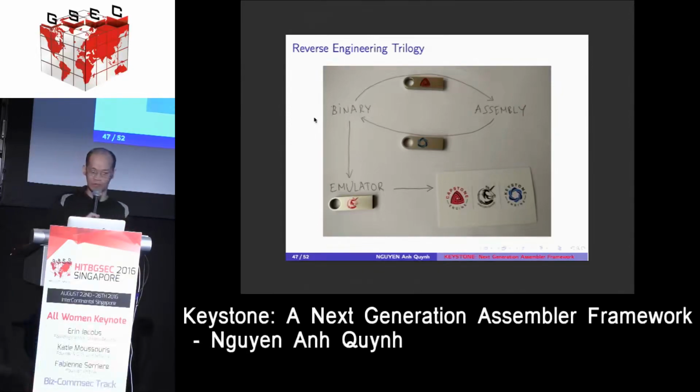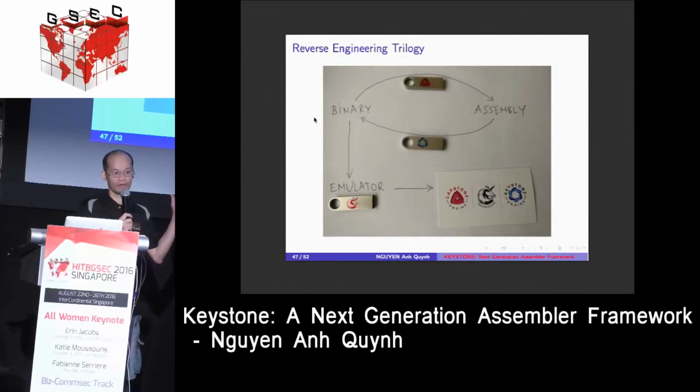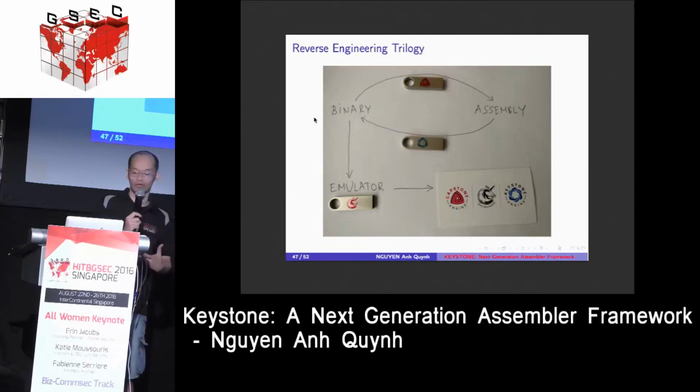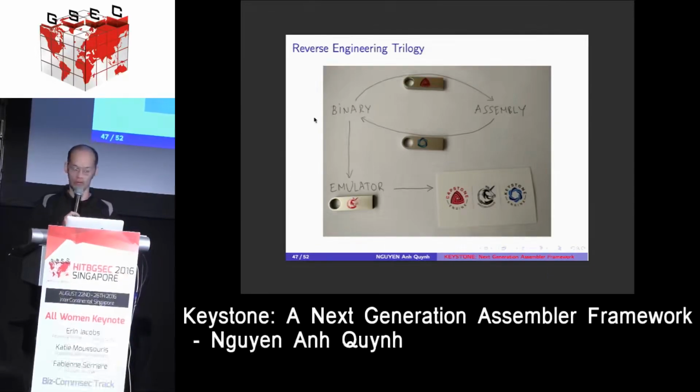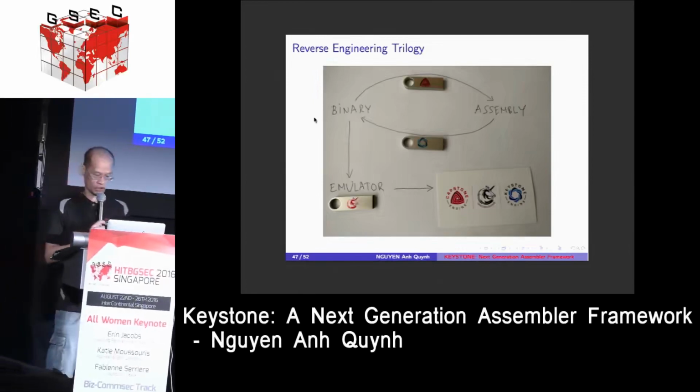All of them, Capstone, Keystone, and the emulator, are open source, multi-architecture, multi-platform, multi-binding, and they function independently, but together they make a complete set of frameworks. They complement each other very well. So far, more than 200 applications are built on top of these 3 frameworks, and we call them the reverse engineering trilogy. In the future, I still expect a lot more innovative work from the reversing community built on top of the trilogy.